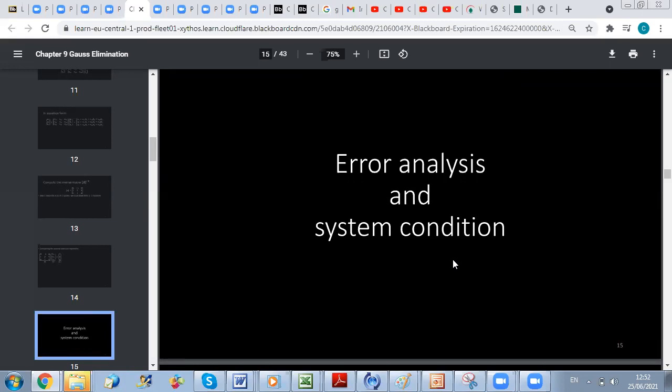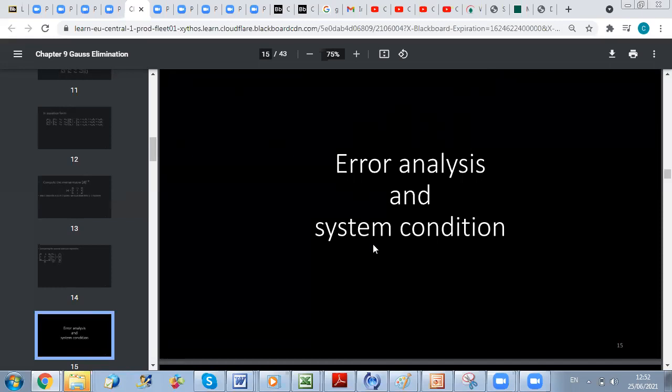Okay, and to understand this more, we can see here. So if you remember, we said that in this case, the determinant of the matrix will be very close to 0, which will cause some problems in the solution. Because if you recall that if the determinant is 0, no possible solution.